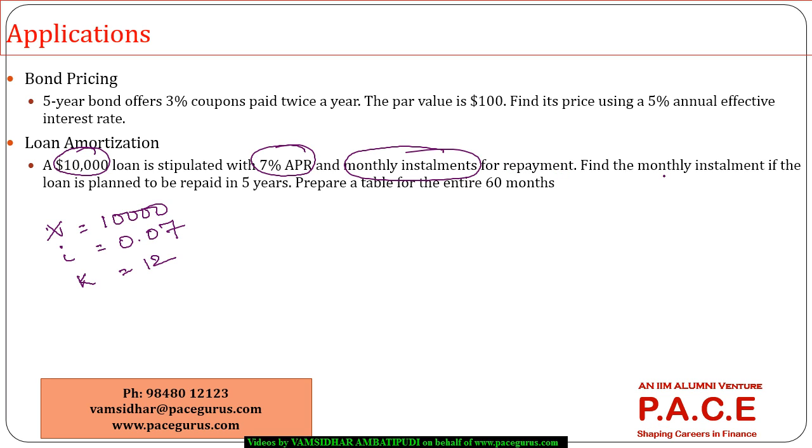Find the monthly installment if the loan is planned to be repaid in 5 years. So my N is 5 years, and I want to prepare a table for the entire 60 months. So basically 10,000 is the total loan amount. Typically the present value, or because it's an annuity, the annuity going with this scenario gives me some amount to be paid for one period.